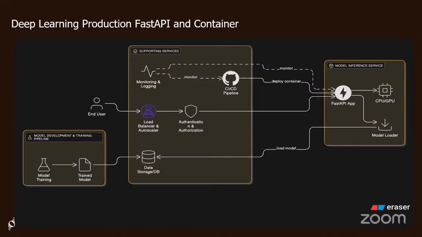After this, we again have services like the load balancer and autoscalers. The load balancers and autoscalers ensure the incoming requests from end users are distributed efficiently across multiple servers, scaling up as the load increases and down as it drops.